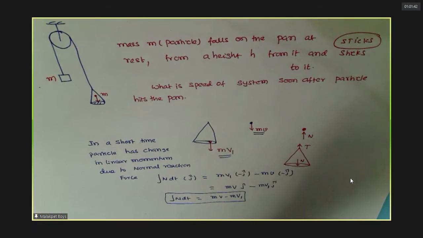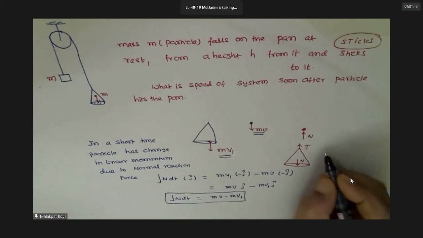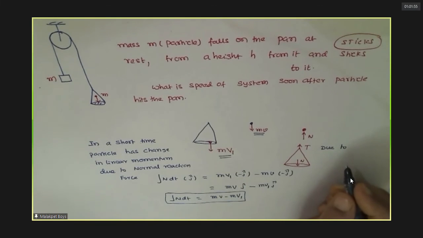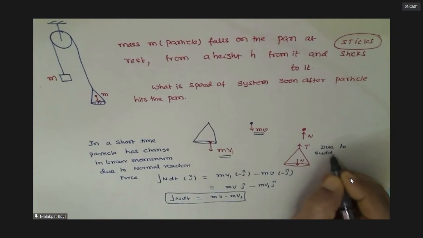Now for the pan, even for the pan, see that suddenly the tension will change, no? See, when you are jerking, you pull a string suddenly, what will happen? It will break, no?